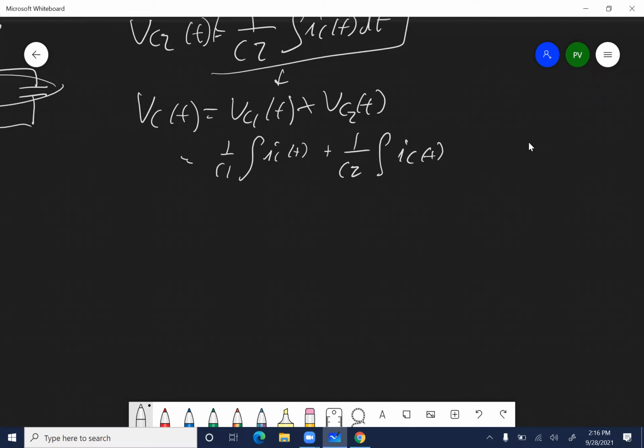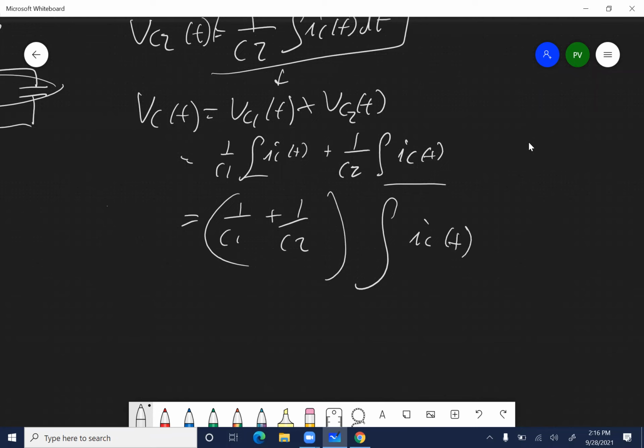So what that tells me is that these two can be factored out. So I have 1 over C1 plus 1 over C2 times the integral of IC of T is going to be equal to the combined voltage across the capacitors. And if I go back over here, that is 1 over my C equivalent.